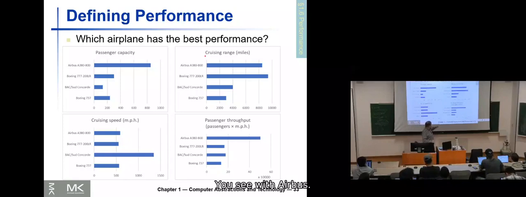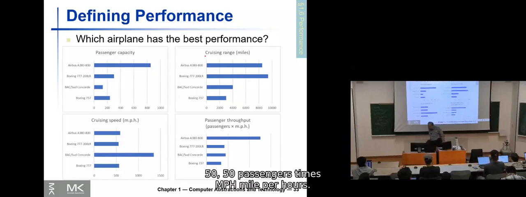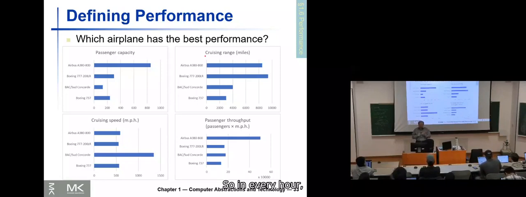You see, with Airbus, it is around 50 passengers times mph, mile per hour. So in every hour, 50 passengers go 1 mile.